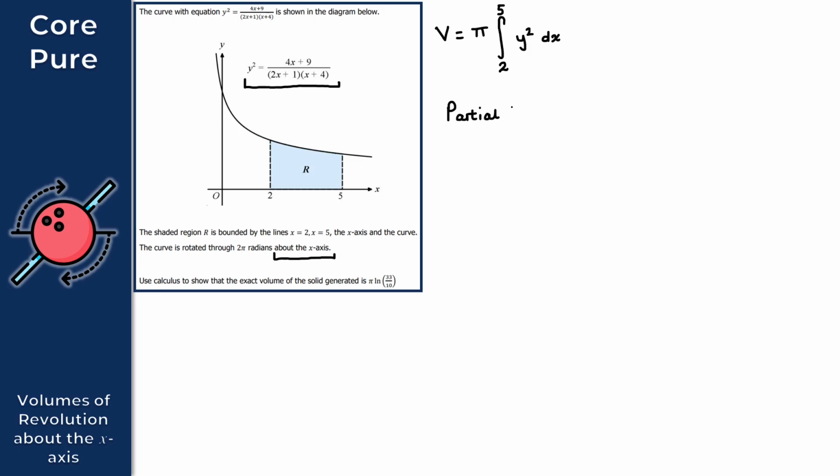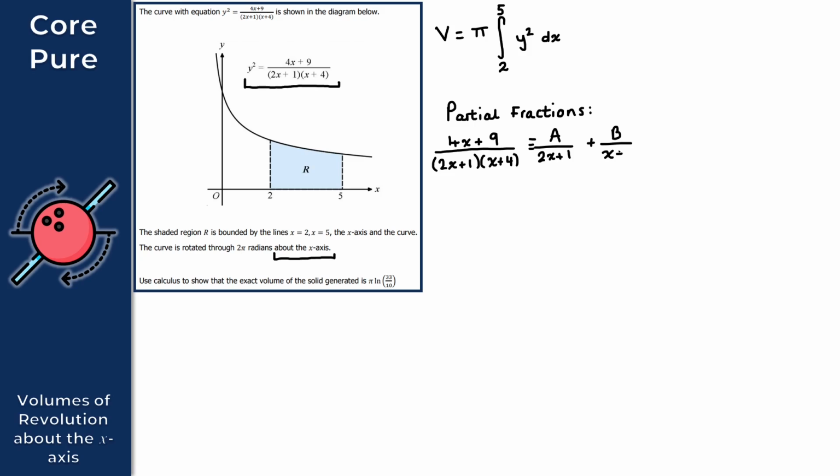So partial fractions here. What do we get? Well, I've got 4x plus 9 over 2x plus 1 times x plus 4, and that is identical to A over 2x plus 1 plus B over x plus 4.